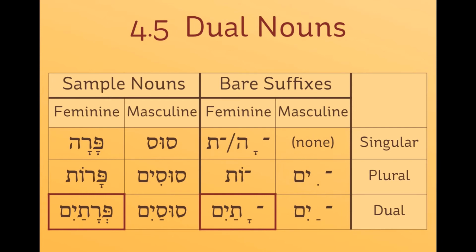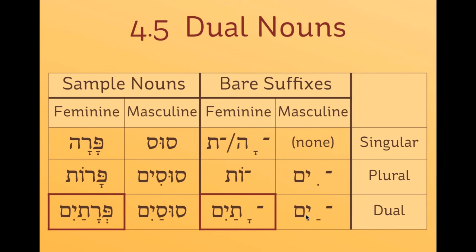Now, the difference here between aim and ataim is not necessarily masculine versus feminine. Actually, what it is: any feminine singular noun that does end in kametz he will end in this, ataim. The tav here will be switched in for the he. Any other noun will end in aim.